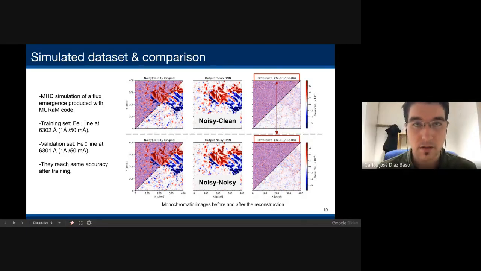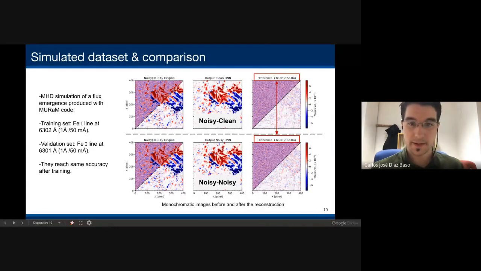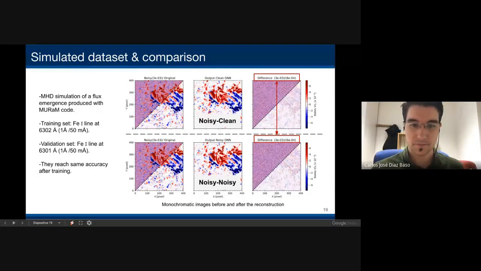But I think there is also a spatial scale, probably very close to the spatial scale of the noise, where you cannot only clean the noise, but you are probably cleaning the signal, because at the end, the neural network is learning the distribution of the noise.